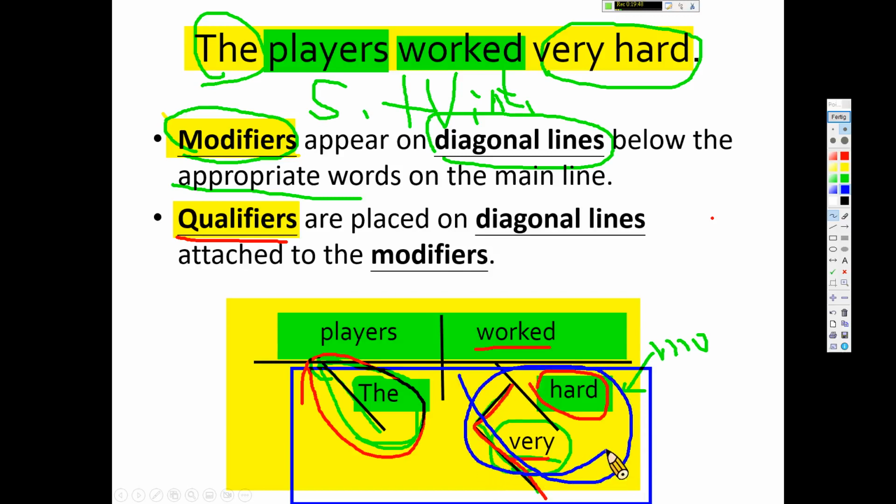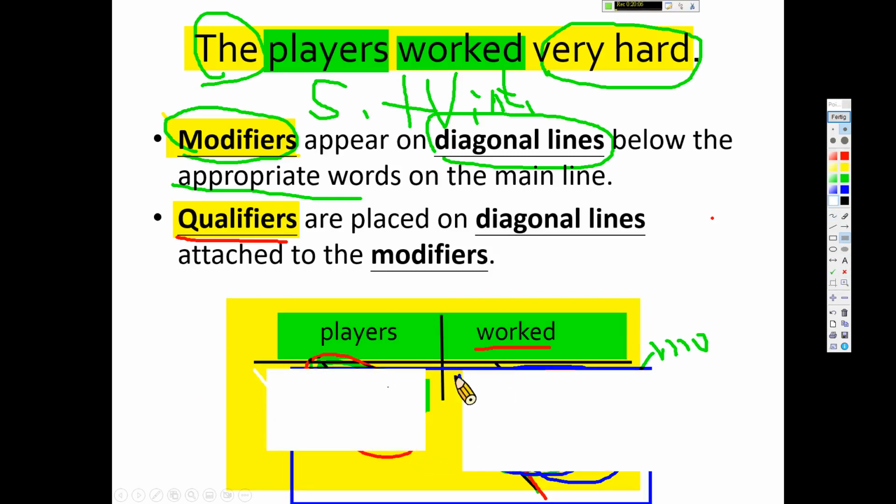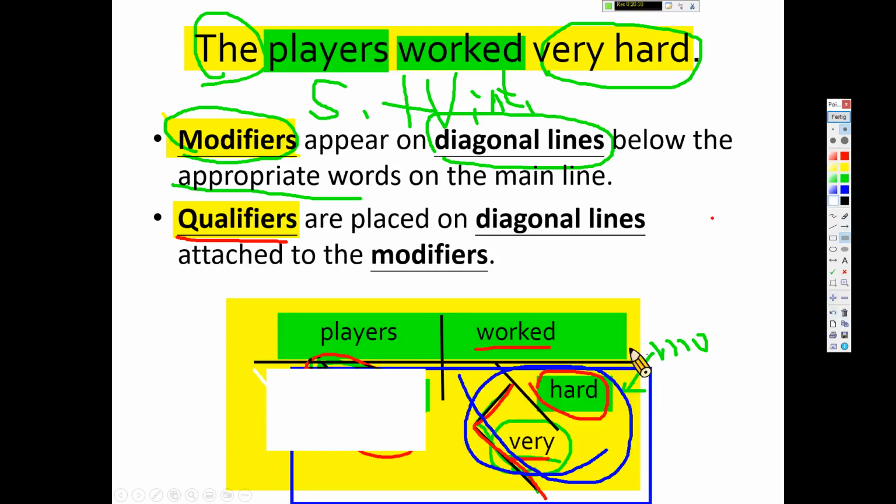In general, actually, this is a pair of modifiers, and this is another modifier. According to our study, we know whenever it is a modifier, the simple solution for us is that we can just take it away without harming the structure, right? But now let's look again. We can take the away. If we want to choose between these two words, hard and very, to get rid of, which one can we take off?